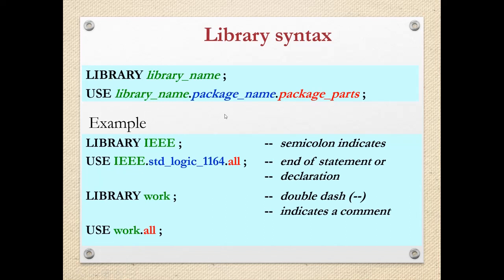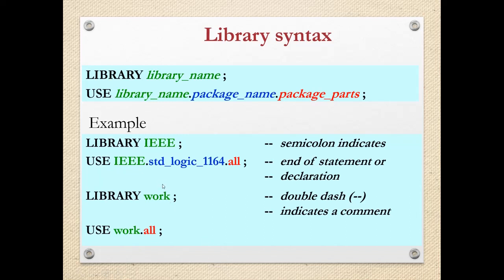The example is written as library IEEE. The name of the library is IEEE, and then we will use the clause use IEEE.std_logic_1164.all. This is one example. Or there is one more example, where the library name is work: library work; use work.all.